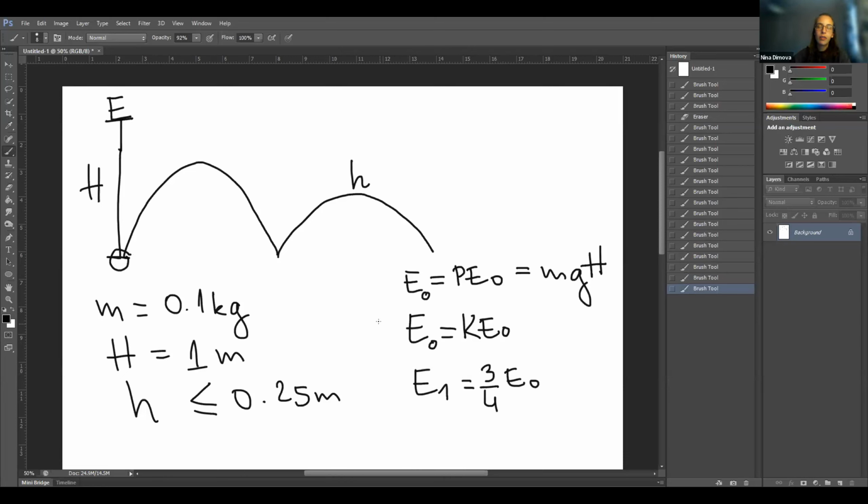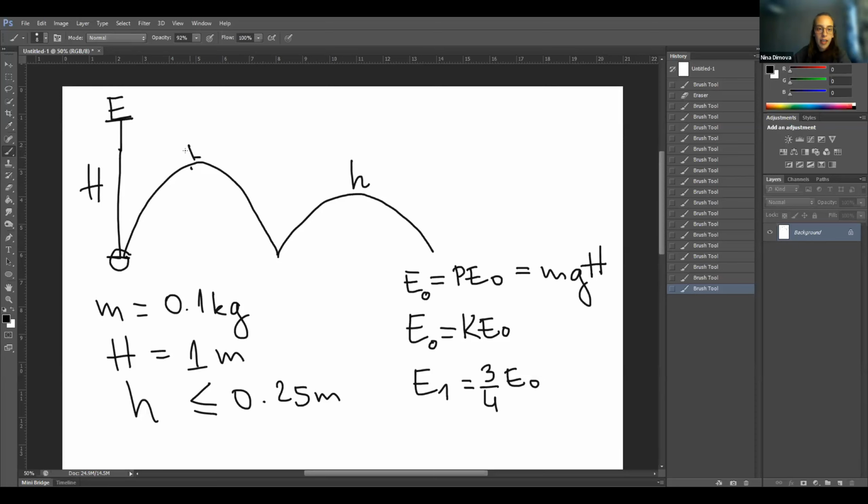Therefore, when it loses a quarter of its kinetic energy, this means it loses a quarter of its full energy. And you can already see that once it flies up here, its overall energy doesn't change because we don't have any forces acting on it. At this point, it's the same as in this point. It comes to rest at the top before it starts falling down again.